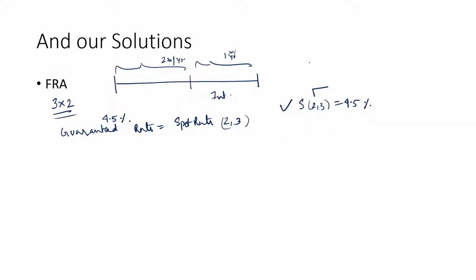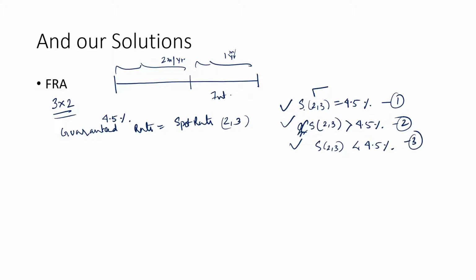Now, at the end of year 2, three things can happen. First is that the spot rate actually is 4.5%, or the spot rate is more than 4.5%, or the spot rate is less than 4.5%.